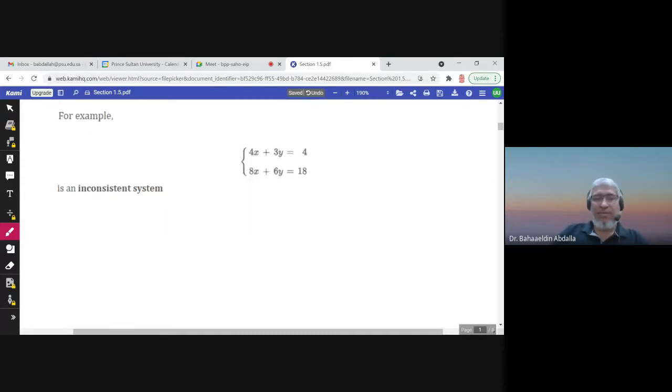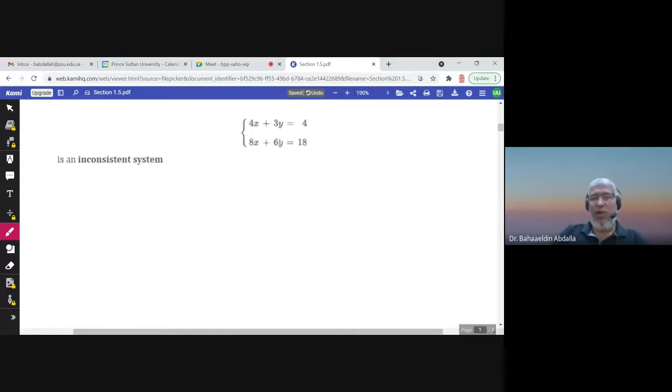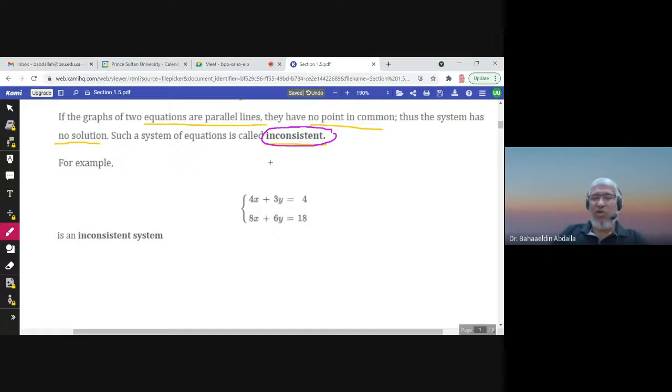For example, these two equations represent two parallel lines. If you graph them, you will find that. Or if you try to write the first equation, for example, in the slope intercept form, you will find that y is negative 4 over 3x plus 4 over 3.